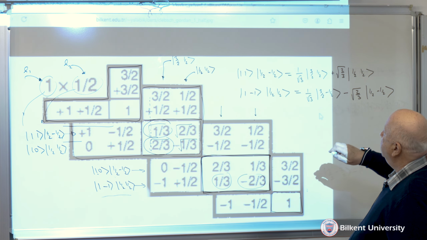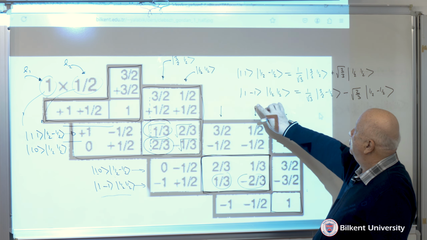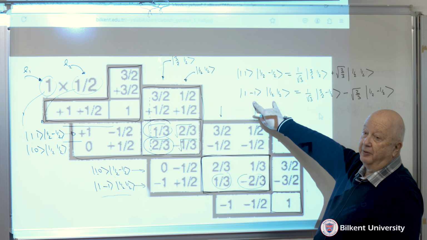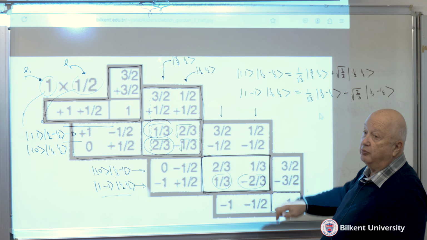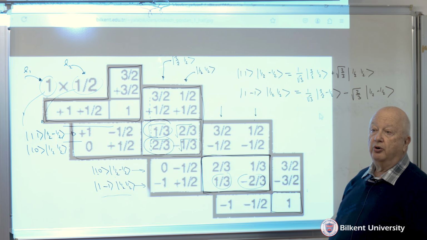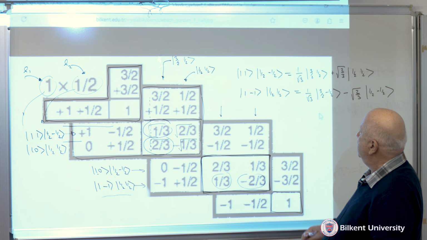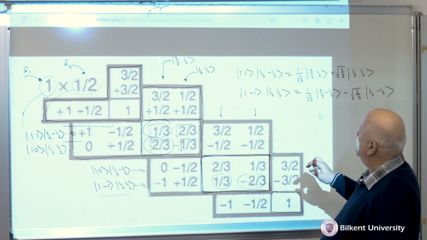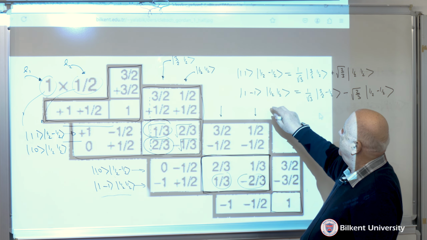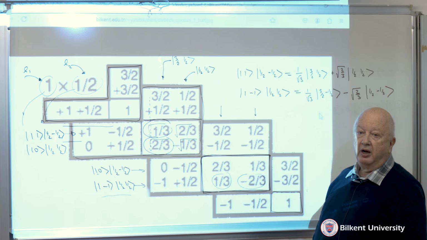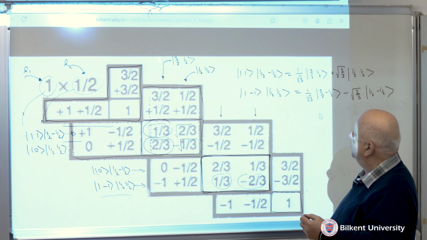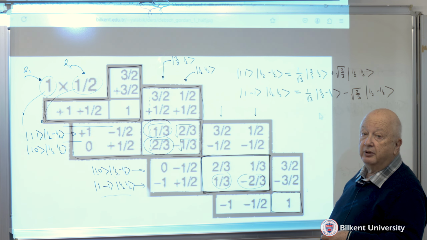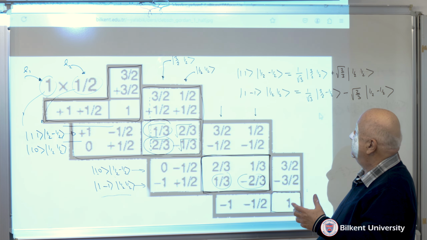Now, if we put two particles into the system with these angular momenta, let's make a more specific example. Suppose at a certain time, I measure the total angular momentum and z component of a particle in an atom.